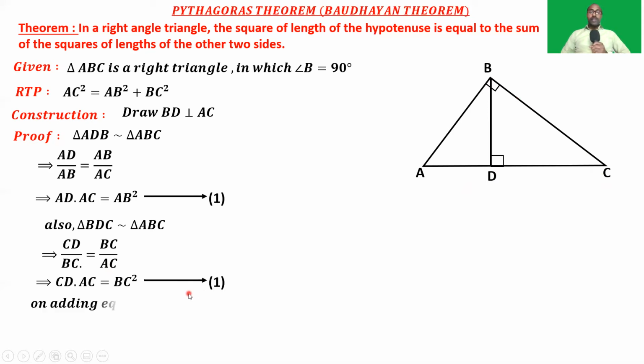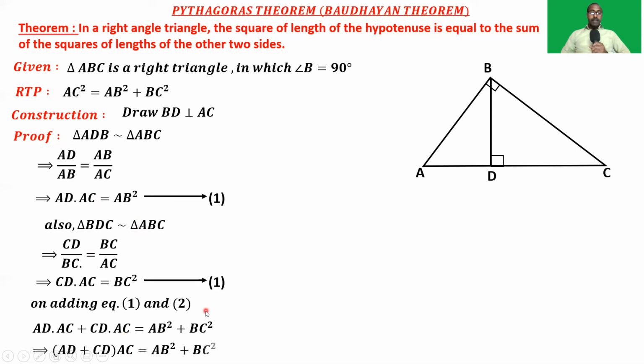Now, by adding these two equations, we get on the right side AD into AC plus CD into AC, which is equal to, on the left side, AB square plus BC square. In these two terms, we have AC common. So take AC common.